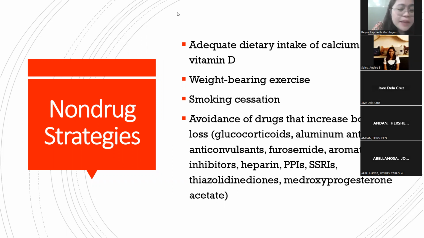Uy, class, di ba? Sabi ko sa inyo, when I discussed anti-asthma agents, yung mga corticosteroids natin na inhalational, pag nagpa-puff sila, di ba you have to educate your patients na after nila mag-puff, they have to gargle. After gargling, syempre they have to spit that. No, hindi nila yan isa-swallow.